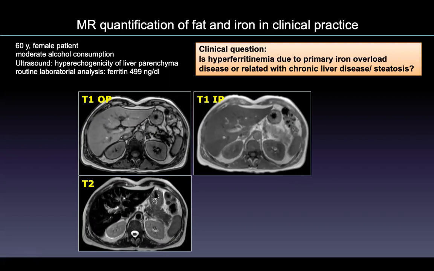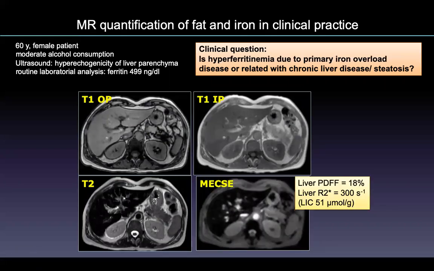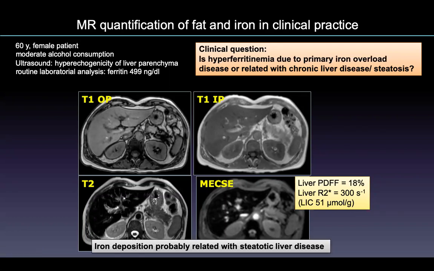But we know now that in the presence of iron, we cannot trust dual echo images to detect liver steatosis. So, of course, we need the multi-echo sequence, and we can see that this patient has iron overload, but also severe liver steatosis. So, most probably, iron deposition in this scenario is related with steatotic liver disease.